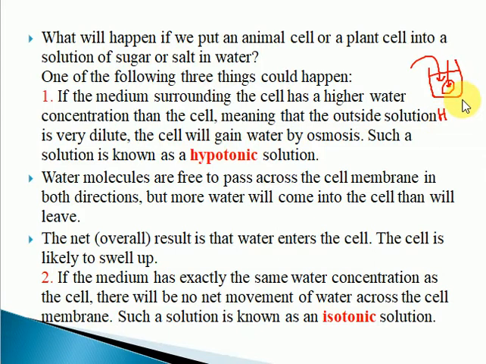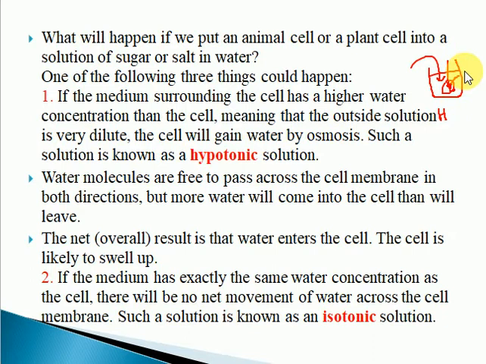Why is it absorbing water? Because the concentration inside the cell is more and the concentration outside the cell is low. Here the concentration of water is more towards the outside.